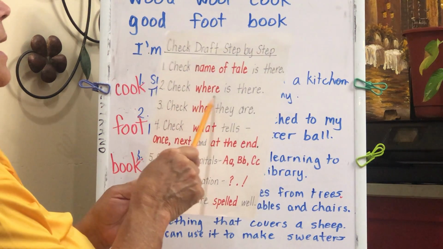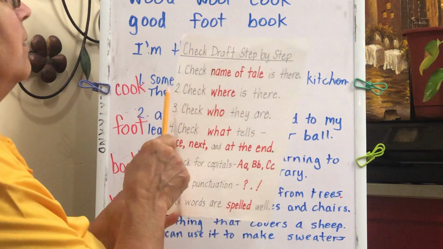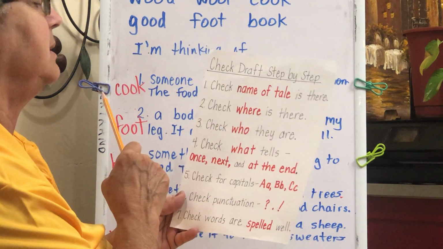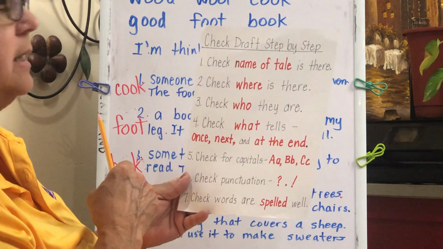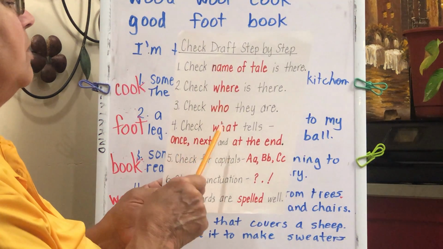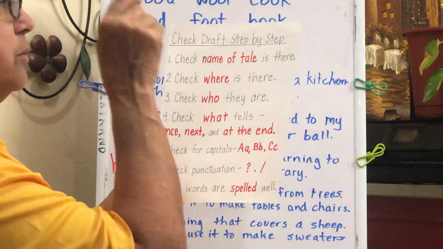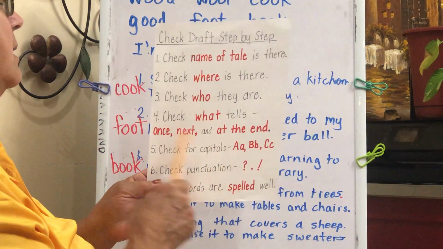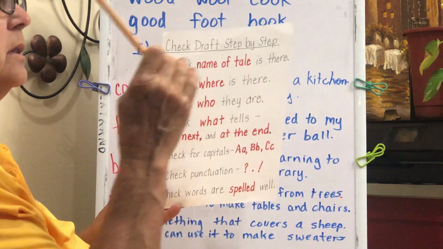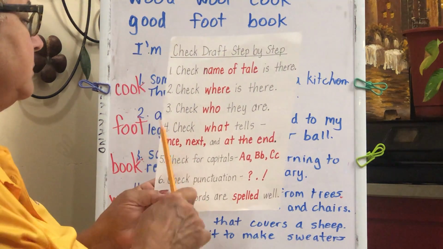Check to see where it is. Now, where would be the setting or the place. Check who they are because that would be the characters. Check what tells, remember what was on the side, and it says once, next, and at the end. Make sure you have the beginning, the middle, and the end.